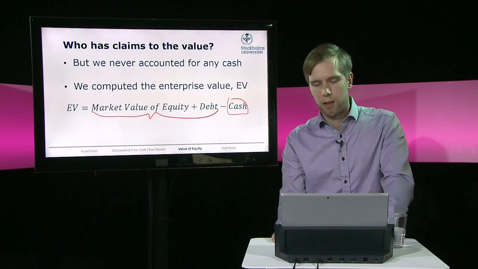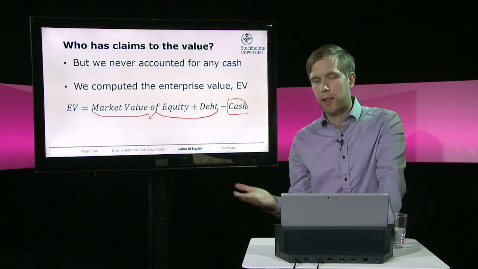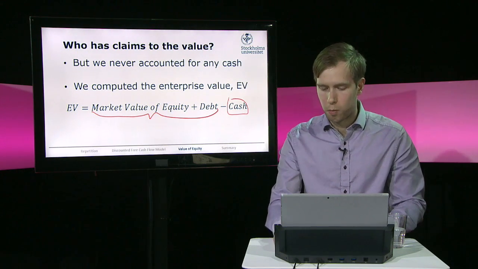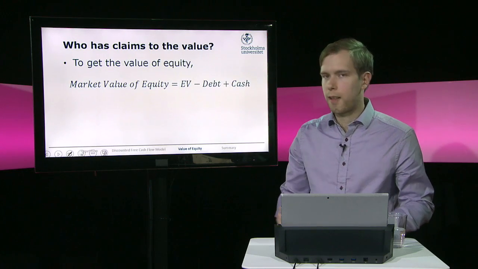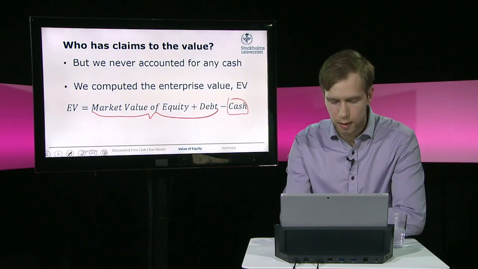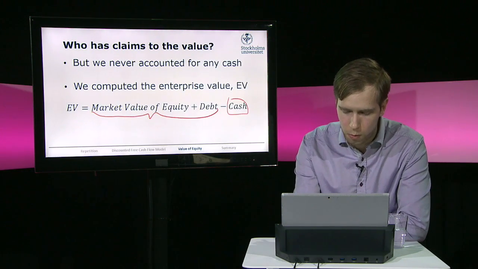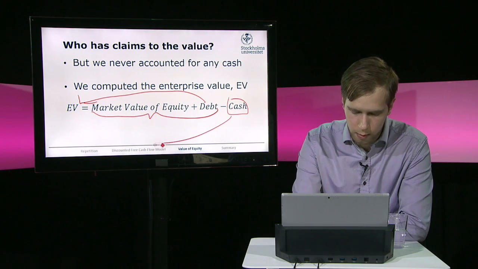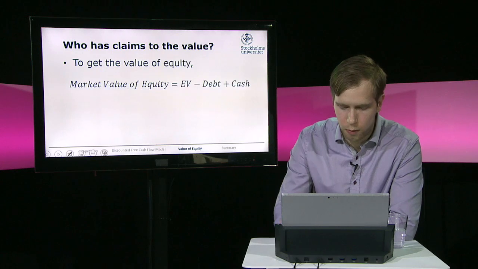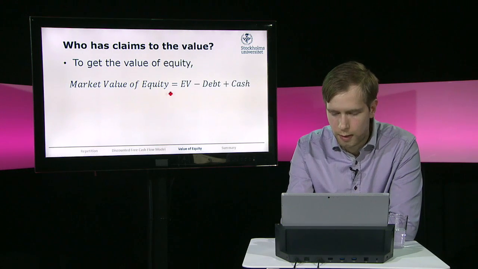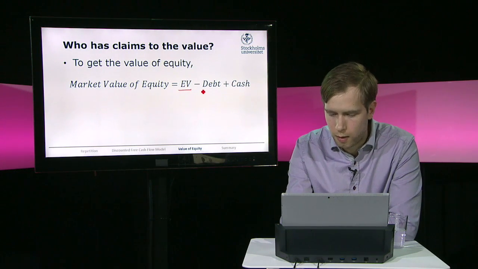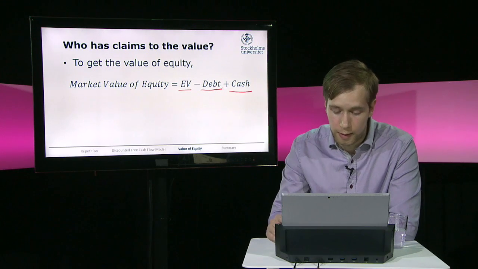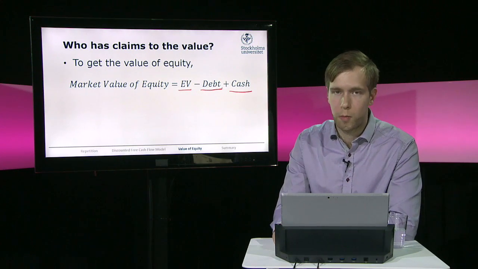And then if you want to find the market value of equity from this number that we computed, you would simply rearrange this formula a little bit. So you would move debt to the left-hand side, and you would move cash to the left-hand side. And finally you get this: market value of equity is equal to the enterprise value minus the debt plus cash in the company. So that's how you find the market value of equity.